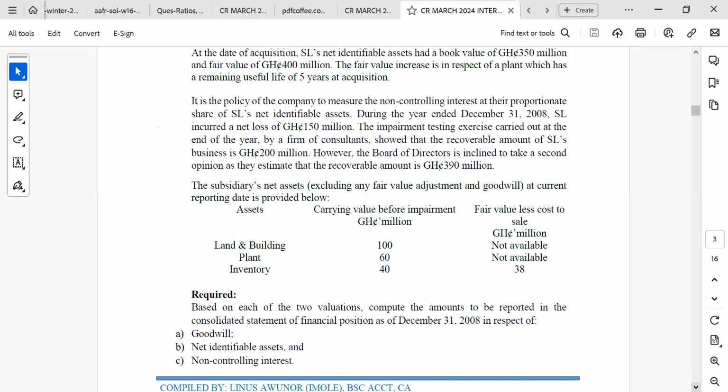Required: based on the two valuations, compute the amount to be reported in the consolidated statement of financial position as at 31st December 2019 in respect of goodwill, net identifiable asset, and non-controlling interest.